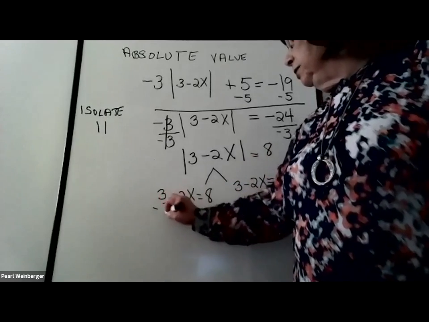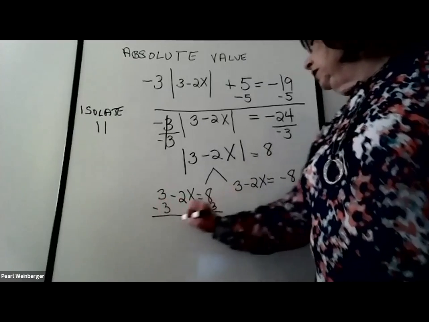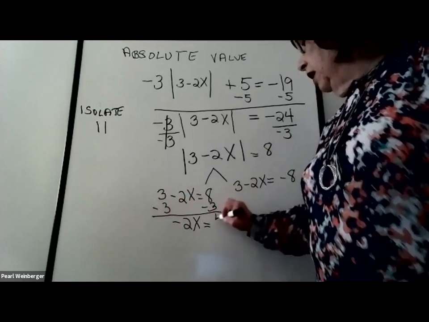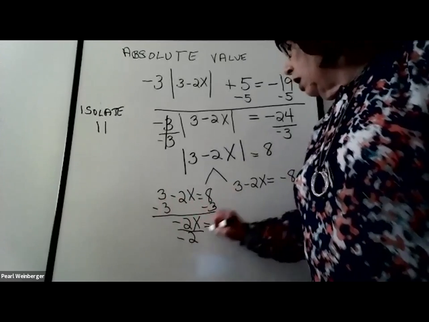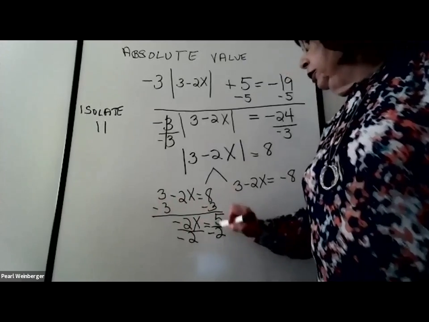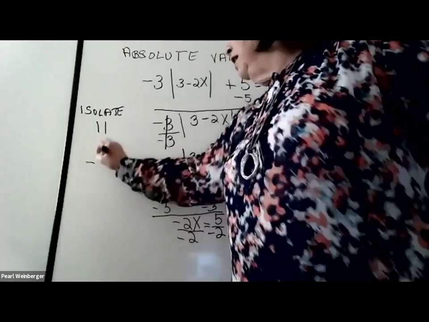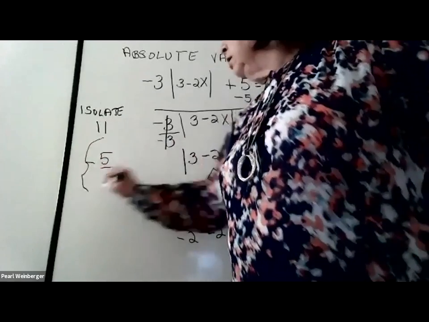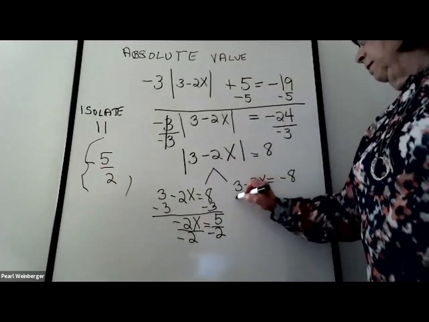First, I subtract 3 from both sides over here. This gives me -2x equals 5, and divide by -2. So my first answer becomes -5/2. That's one answer. What about the other equation?